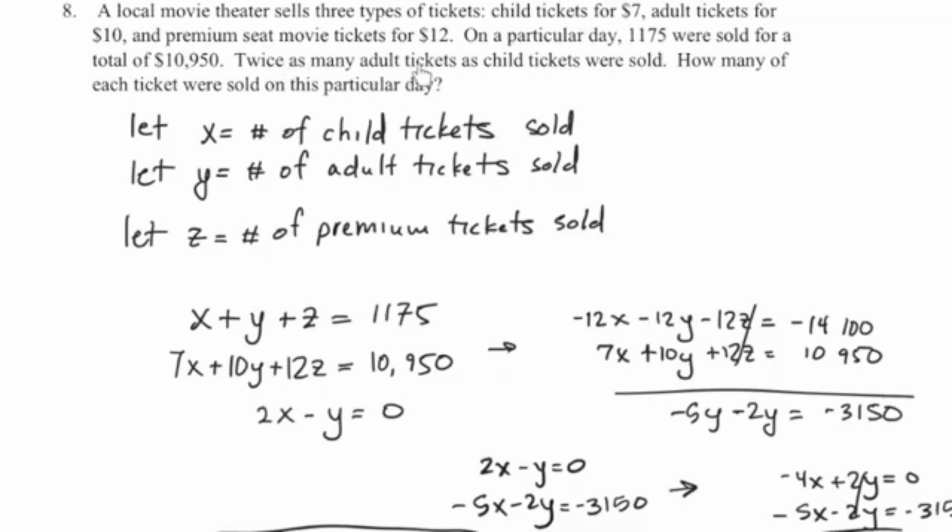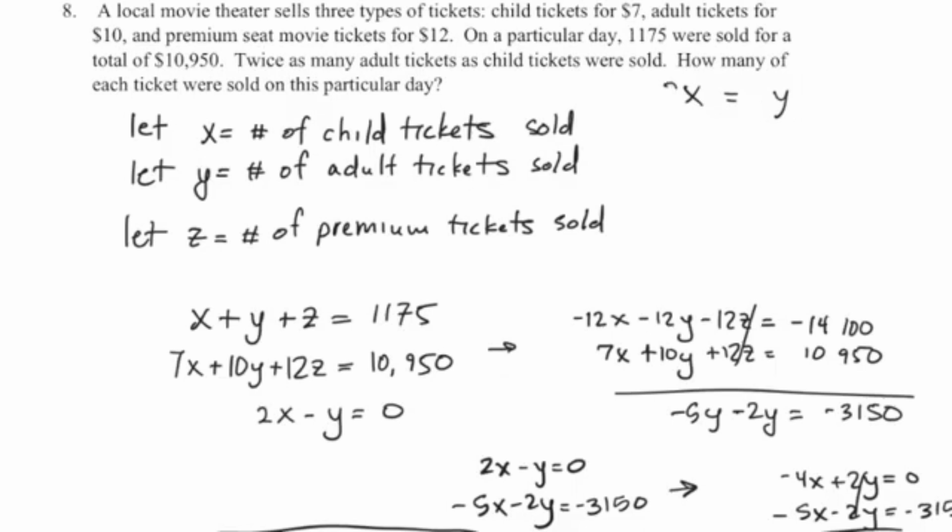Twice as many adult tickets were sold as child tickets, so they're not equal. When I start making an equation, X and Y are not equal to each other, because the adult tickets are already twice as big as the child tickets. If I want these two to equal each other, I have to multiply the child tickets by 2 so that it equals the number of adult tickets.